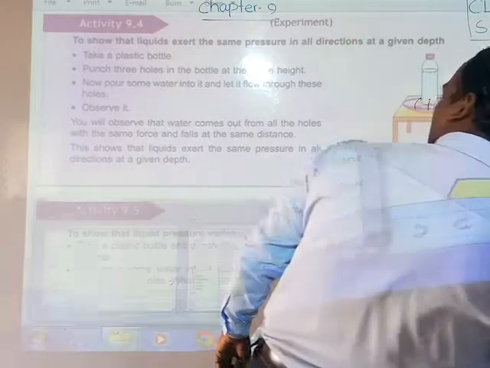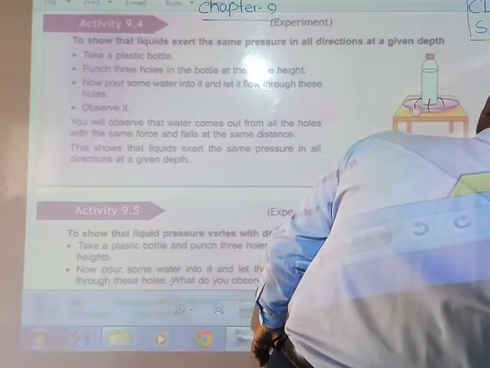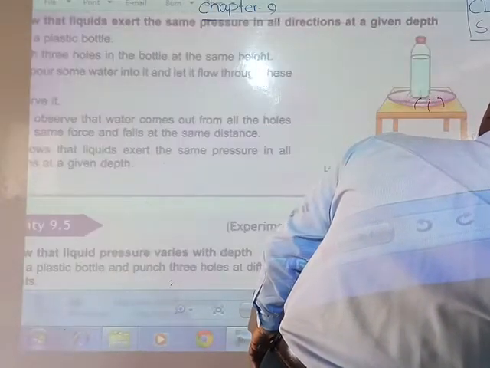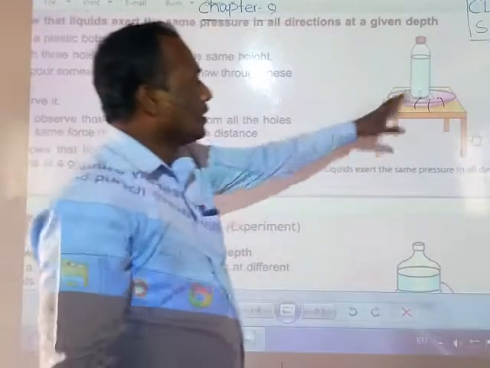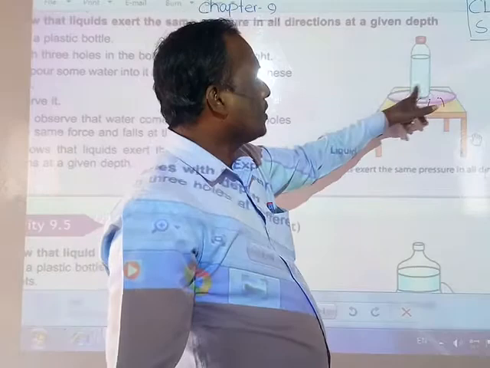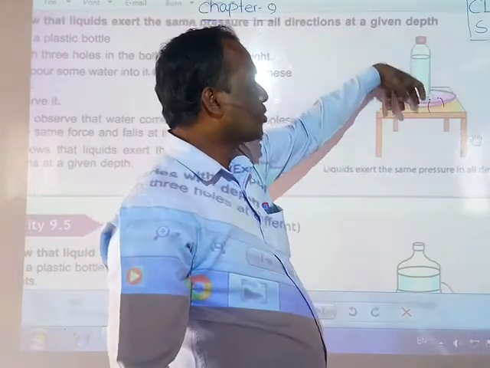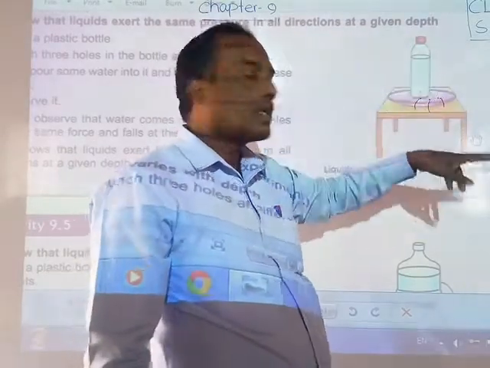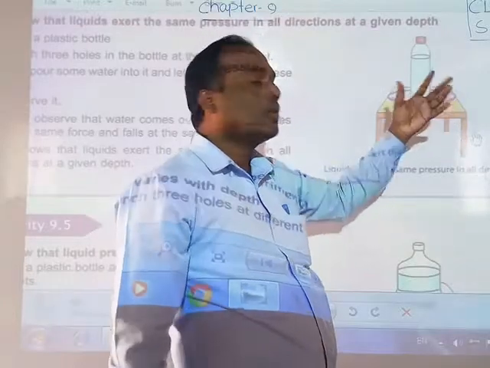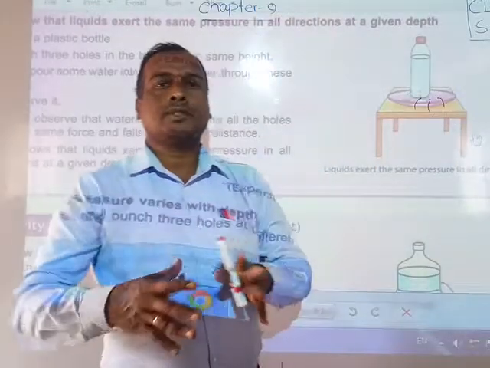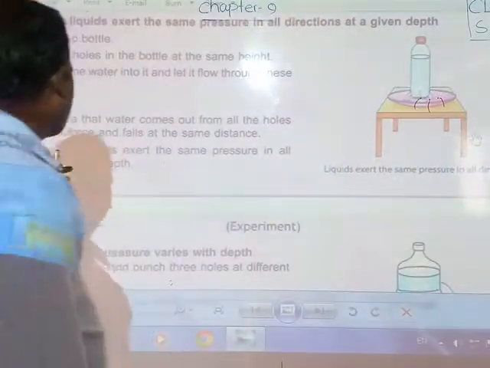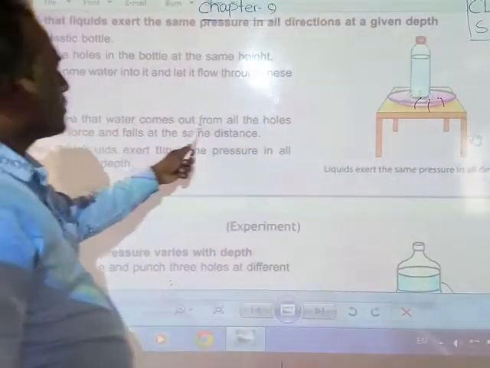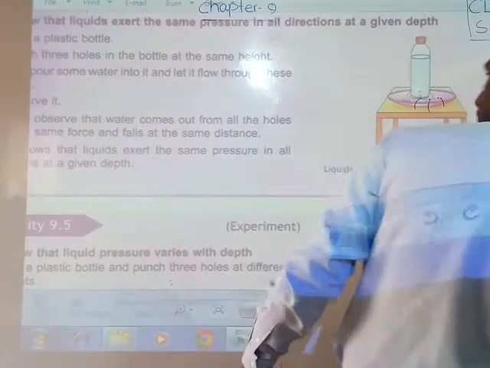See what is happening here, children. In this water bottle, you can see we pour water and make 3 holes at the same height. Then you can observe that water comes out, and at the same height the water comes out with the same pressure. So we observe that water comes out from all the holes.